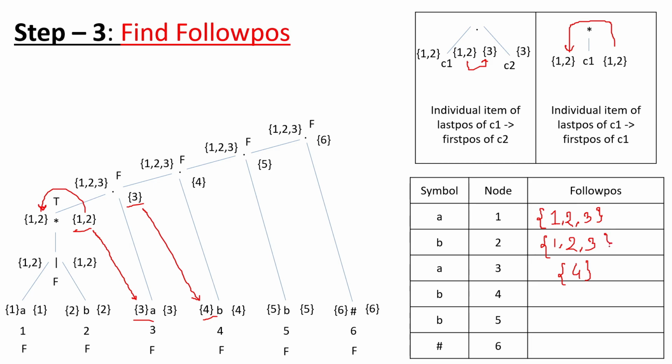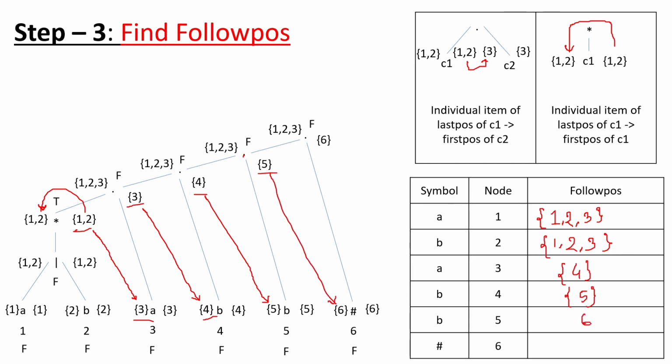Okay. The next term is this one. Multiplication sign again. Child 1 is this one and child 2 is this one. Its last pass is this one, its first pass is this one. So 4 will have access to 5. I'm just going to write 5 here. Similarly for this one, this is one child, this is another child. 5 will have access to 6.